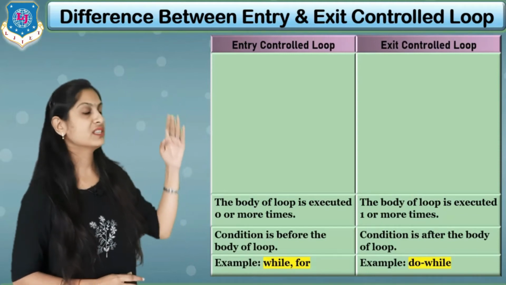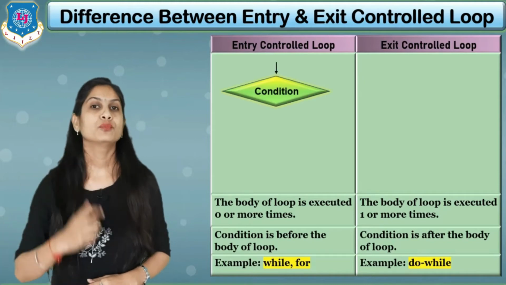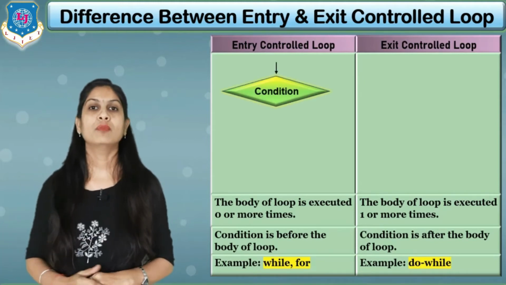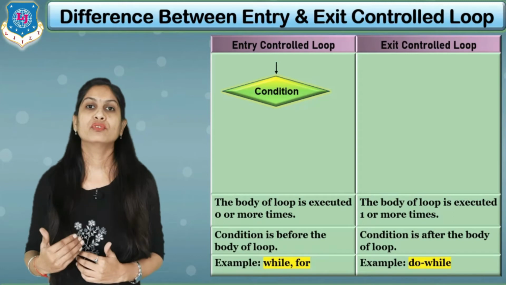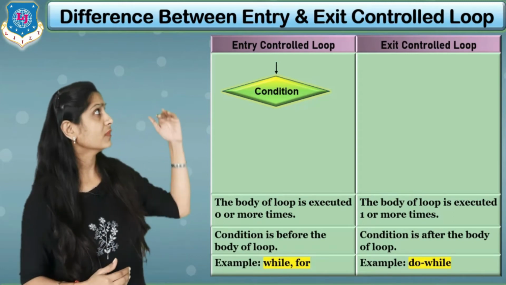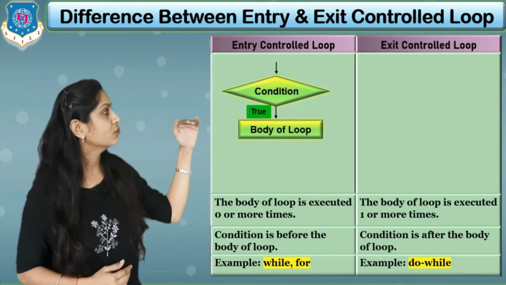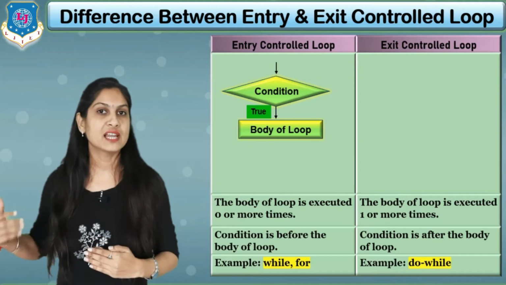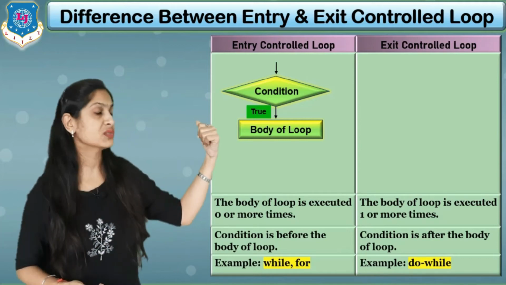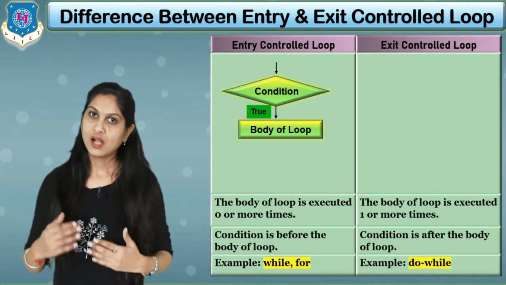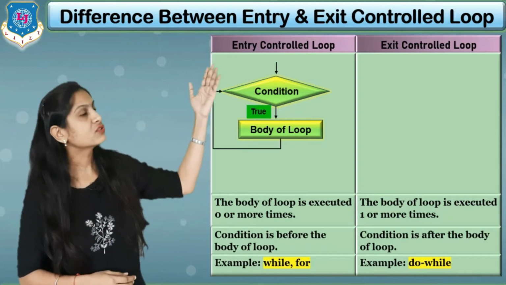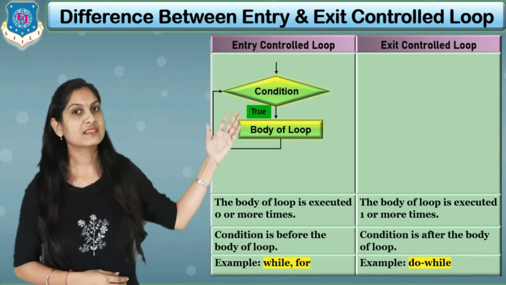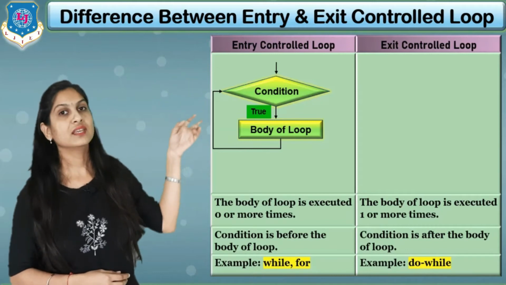How? Let's understand with a simple diagram. First we have to put the condition because it is in the form of entry, so our condition is before the start. Then if this condition is true, we perform the statements that we want to repeat, and that is the body of loop. Again check the condition. If it is true, then again the body of the loop is executed. So here you can see the loop.